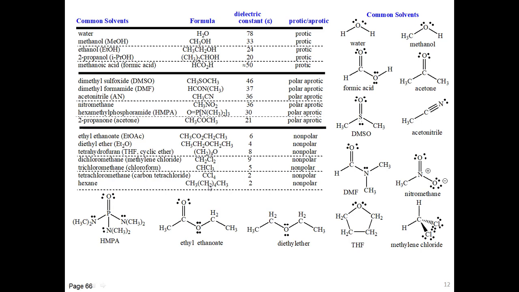Cell membranes are nonpolar, and they separate the inside of the cell from the outside of the cell. So actually having nonpolar environments is sort of a good thing. We want all the options possible. So we have something like diethyl ether or ethyl ethanoate. Okay, so here's ethyl ethanoate, here's diethyl ether, very low dielectrics. Right?